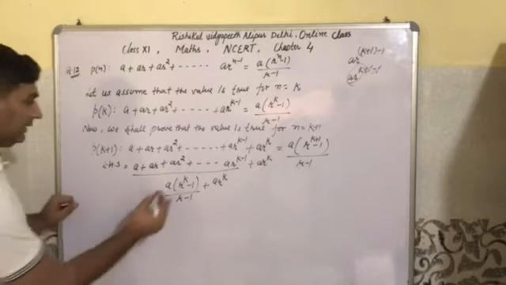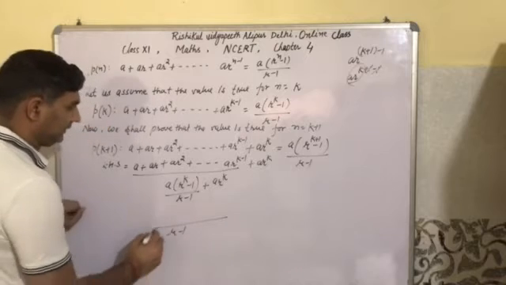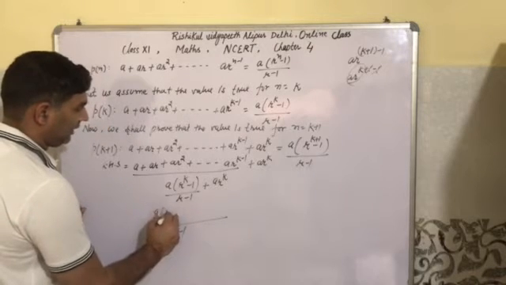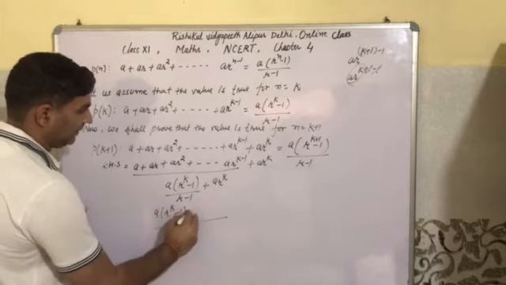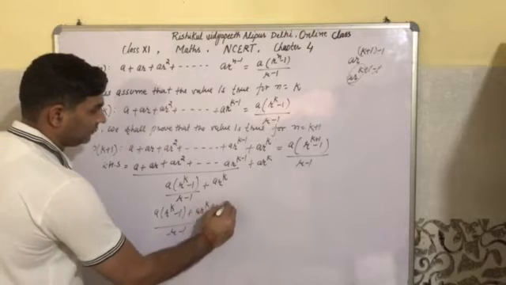Then taking LCM of both the terms, r minus 1 is the LCM: a into r raised to power k minus 1 plus ar raised to power k into r minus 1.